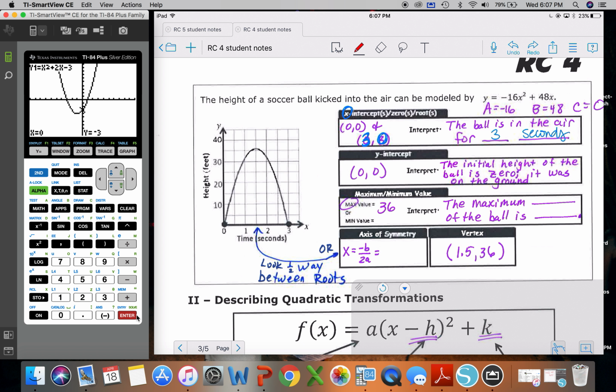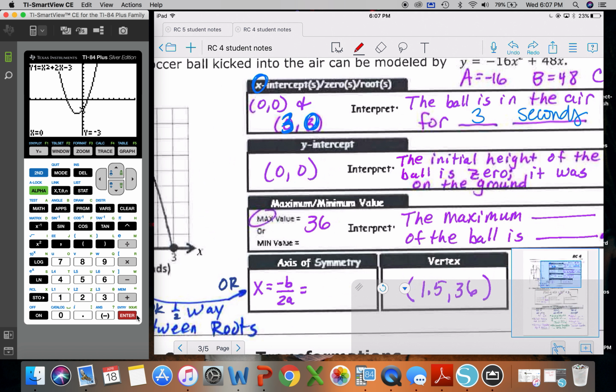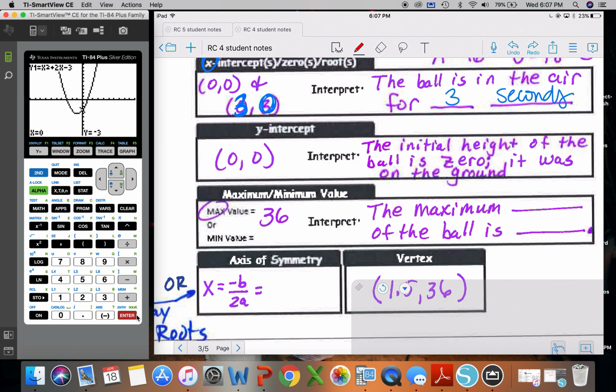The y-intercept is (0, 0), and interpreted, this means that the initial height of the ball is 0, so it was on the ground. Or you could say the ball started on the ground because the height was 0. We have a maximum value of 36 that is found from the vertex by plugging the full equation into y equals in the calculator and finding the vertex like the steps that we showed earlier.